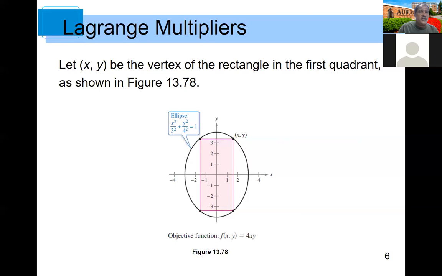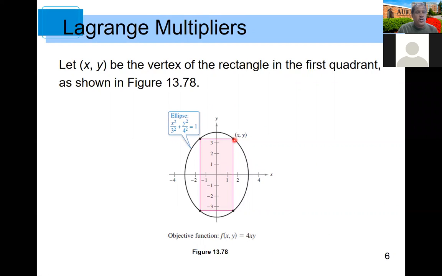What that means is the length of this side is 2x, because the distance from here to here is x, and the distance from here to here is x. So this distance is 2x. And therefore, this distance is 2y.